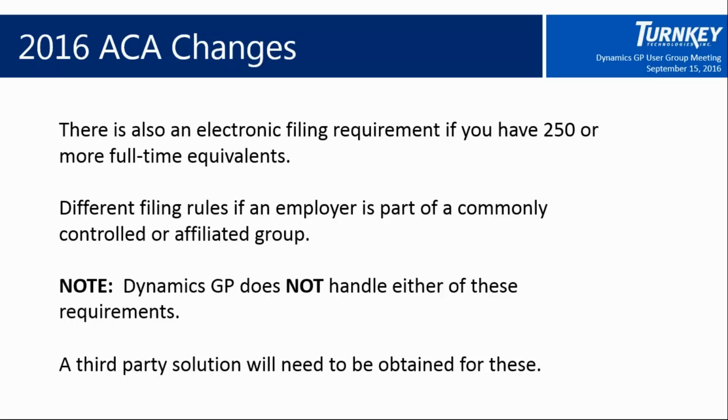Either one of these, Dynamics GP out of the box does not handle that. So there are third-party solutions that we suggest for that. One of them is Integrity Data. That's one of our partners that we work with, and they have an electronic filing module that goes along with that too. So again, over 250, you must file electronically.